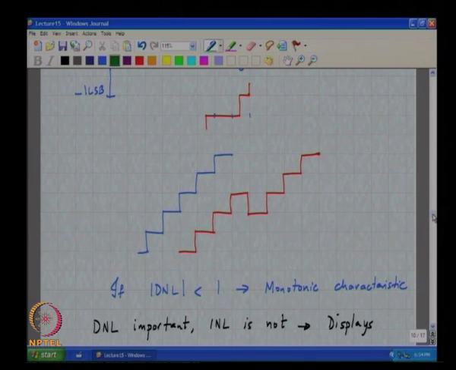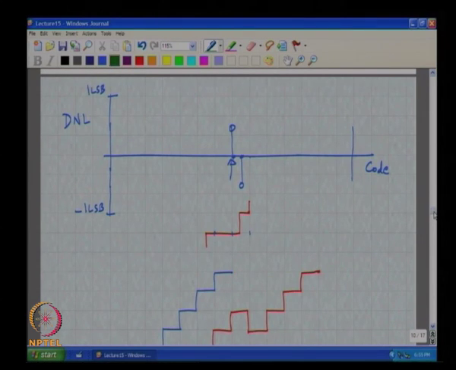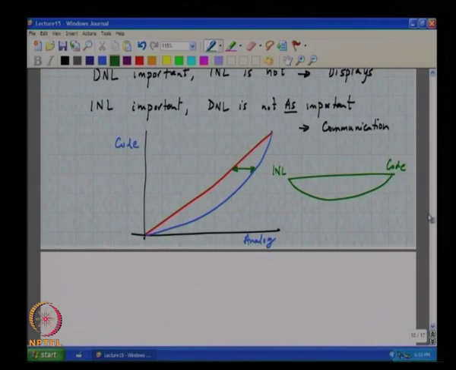That will be a pathological condition, you will be able to figure that out very easily. So, usually you want to make sure that the magnitude of the DNL is less than 1 LSB, then you are absolutely sure that the characteristic is monotonic.